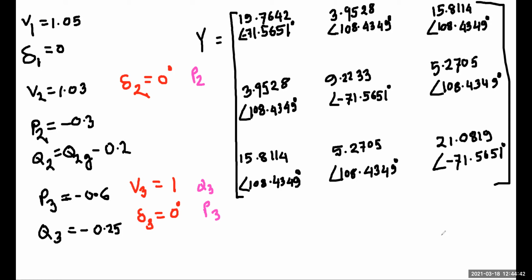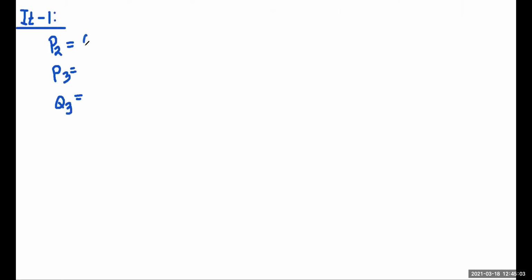V3 is 1, into cos(108.4349 minus delta 2 plus delta 3). Delta 2 is 0, delta 3 is also 0. So you got how much? This is the P2 you got.